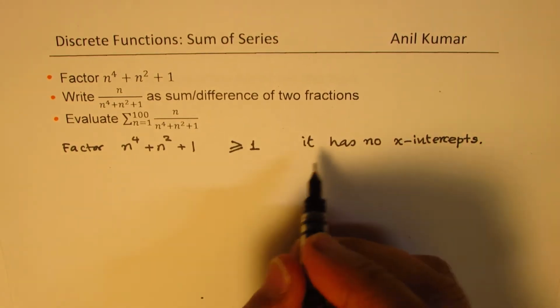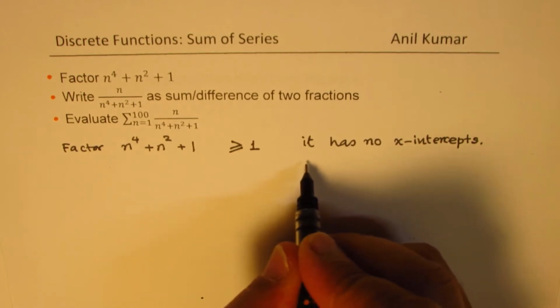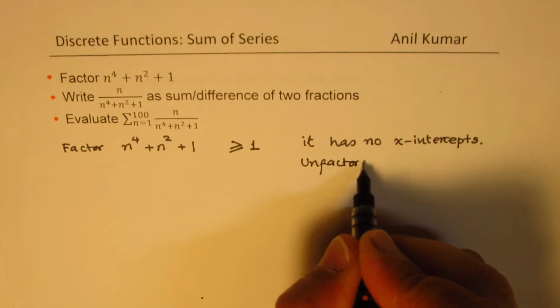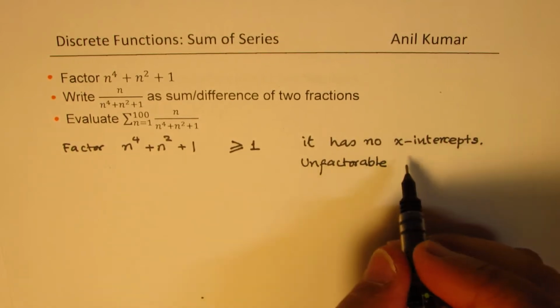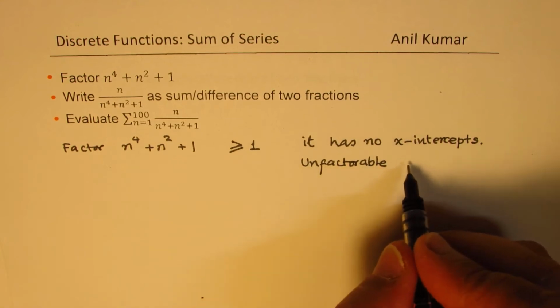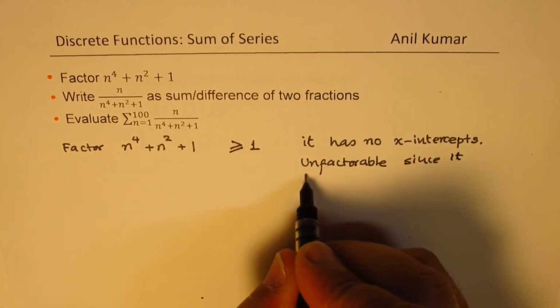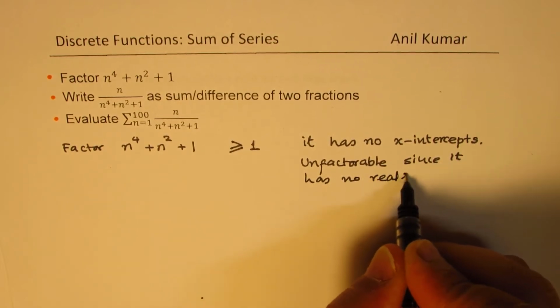So we categorize it as unfactorable since it has no real roots, right?